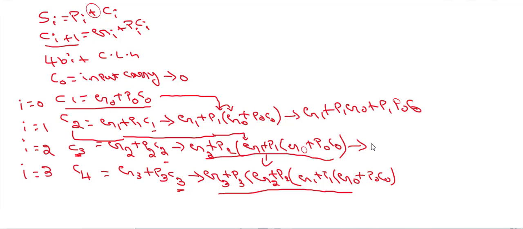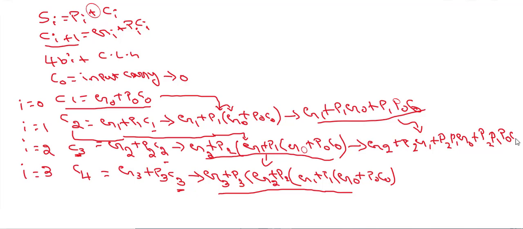Expanding C3, first write G2 plus P2, then write the C2 portion as it is and multiply each term with P2. So P2 into G1 is the first term, then P2 into P1 into G0 is the next term, then P2 into P1 into P0 into C0.